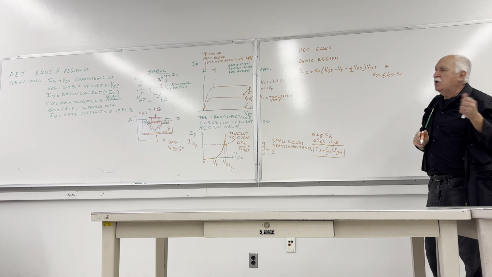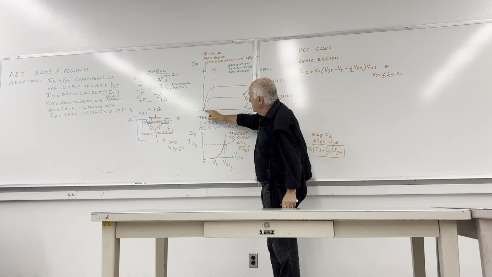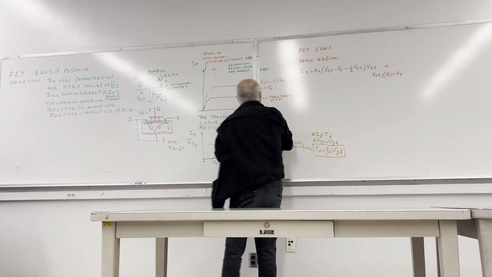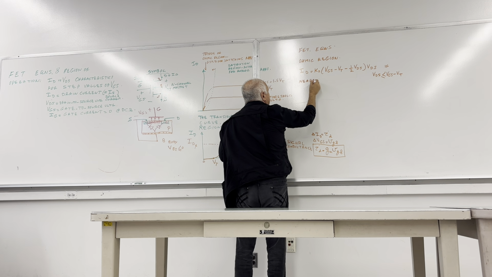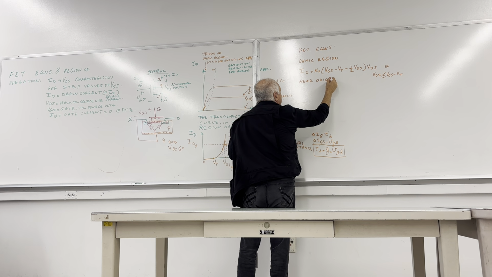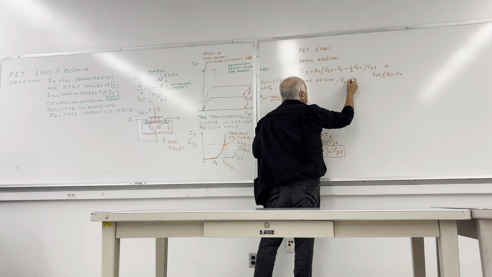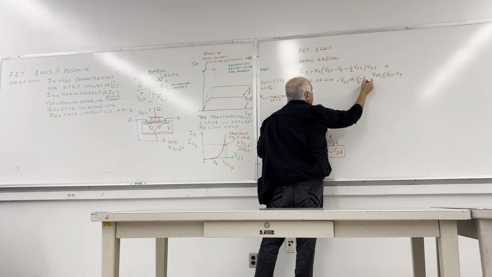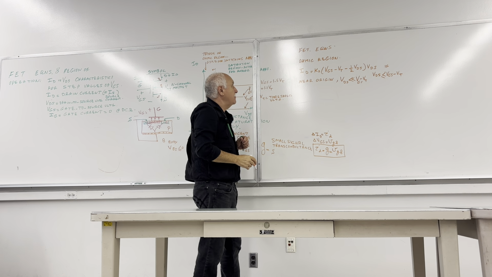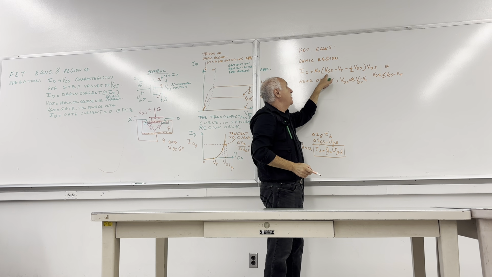For very small drain to source voltages, so we are talking about very small drain to source, near origin, when VDS is much smaller than VGS minus VT, then this term can be deleted in comparison to that.